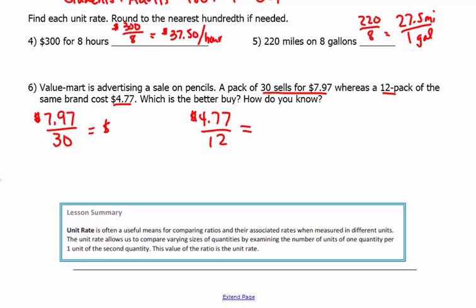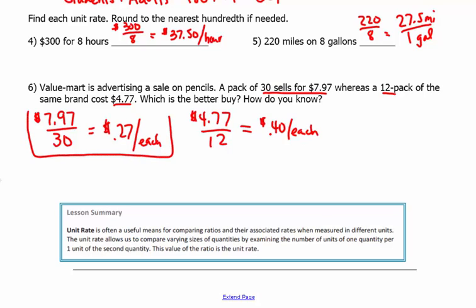So this would be 27 cents each. And this would be 40 cents each. So the better buy would be the one that's cheaper. So this one over here, the 30 pack, is the better buy.